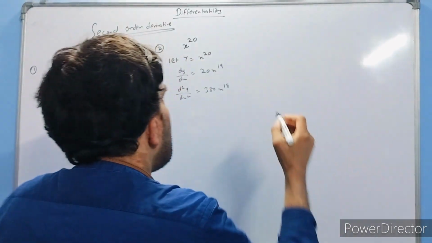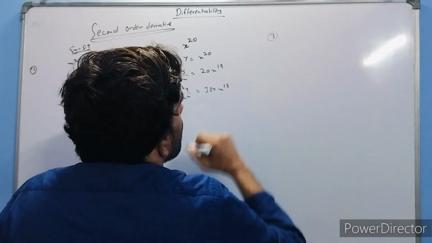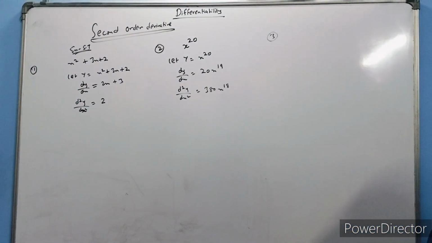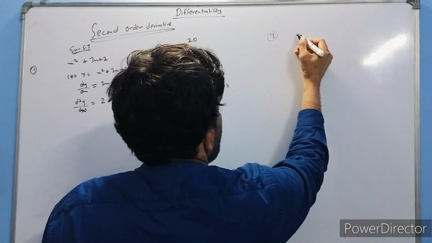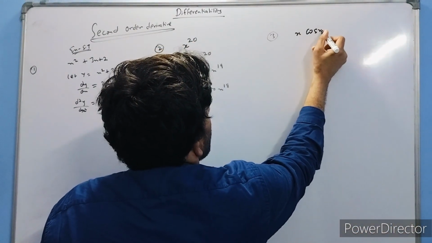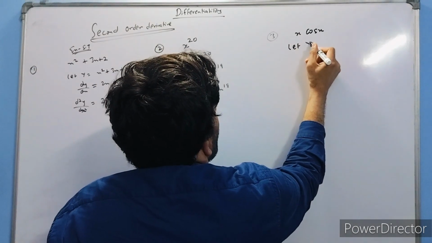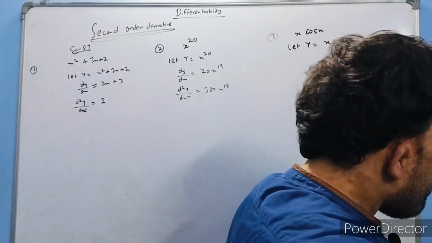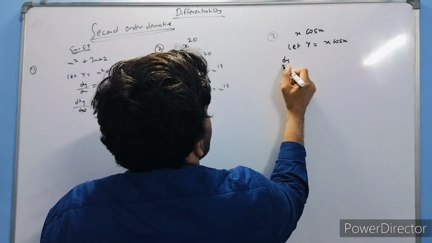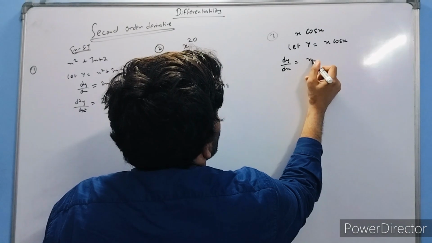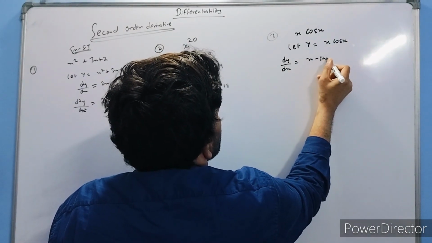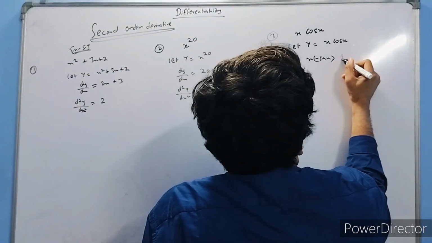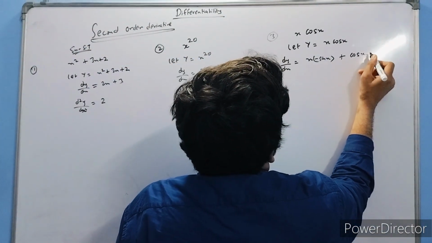Let's go for the third question now. The function we have is x cos x. Let y is equal to x cos x. Now we will differentiate it the first time. So we got x into differentiation of cos x, which is minus sin x. Here I am applying the product rule. Plus cos x into differentiation of x, which is 1.